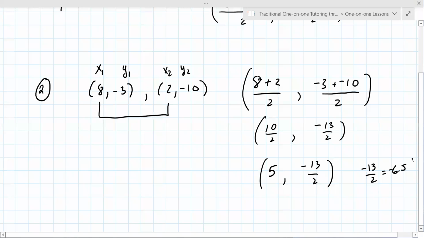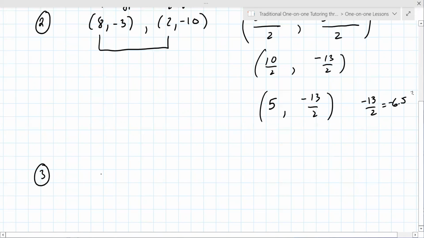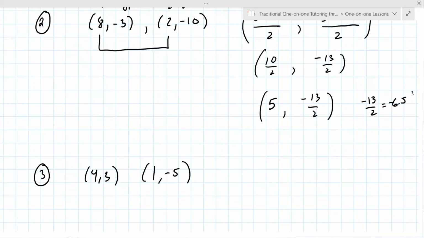3, for us, (4, 3), (1, -5). You're adding up the x values, you're adding up the y values, and you're dividing by 2 in both cases.